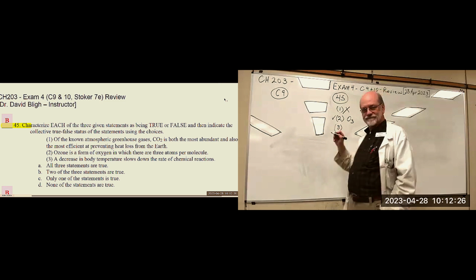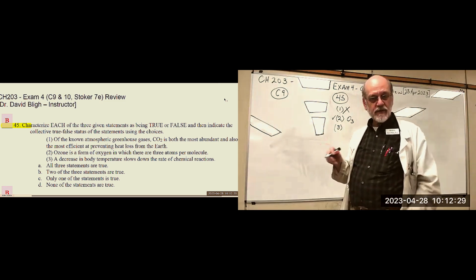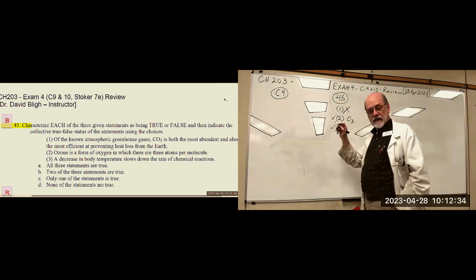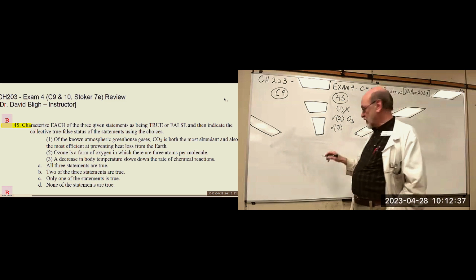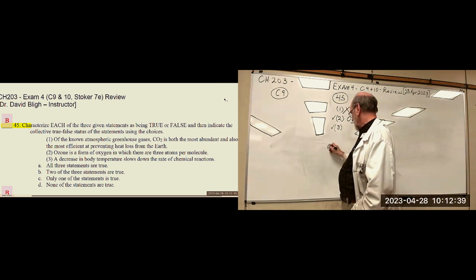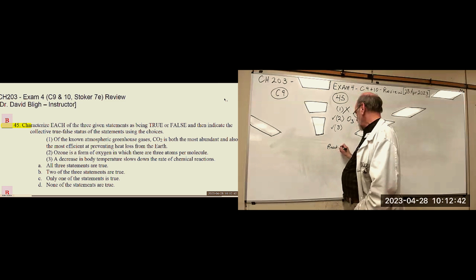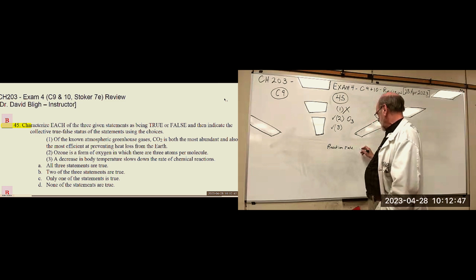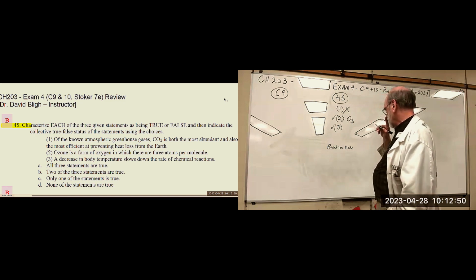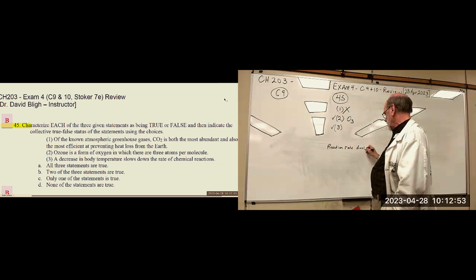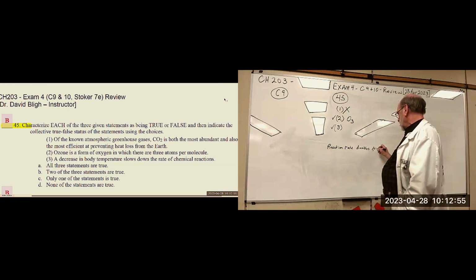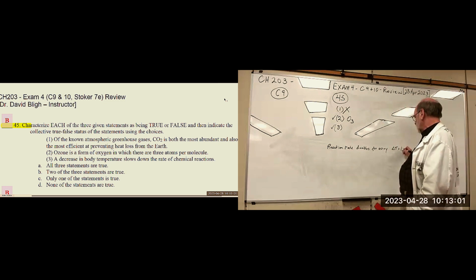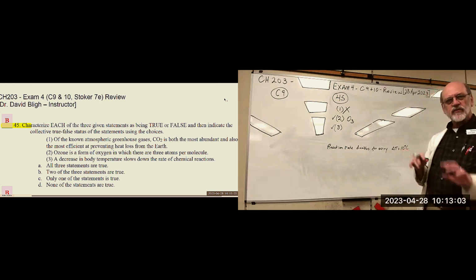How about 3? A decrease in body temperature slows down the rate of chemical reactions. That is also true. The rule of thumb is reaction rate doubles for every change in temperature equal to 10 degrees C. That's a rule of thumb.